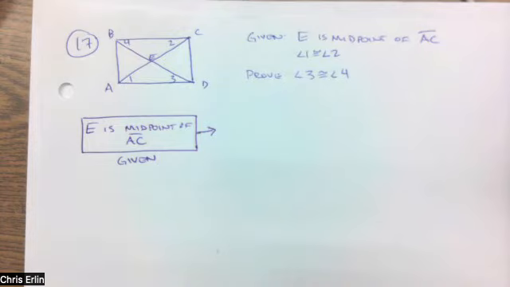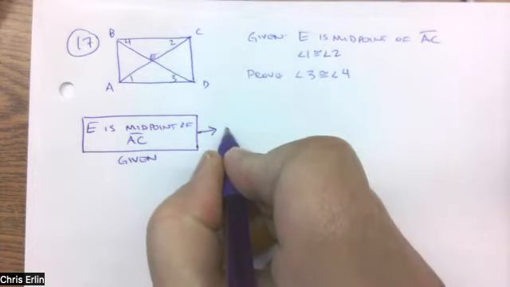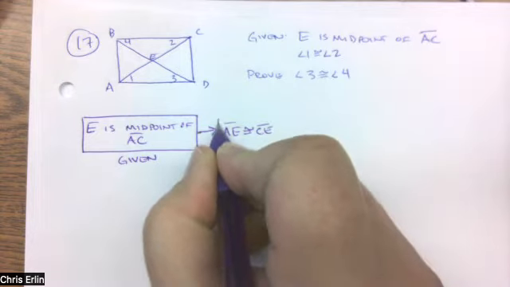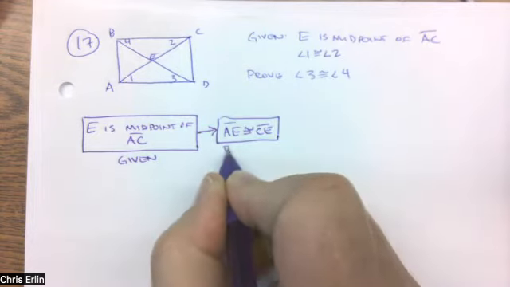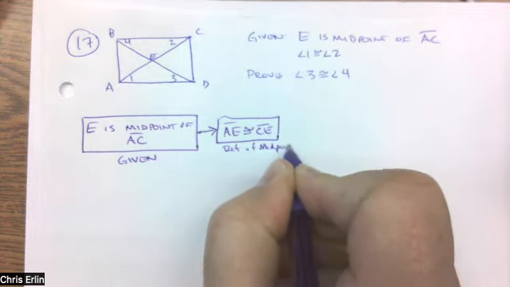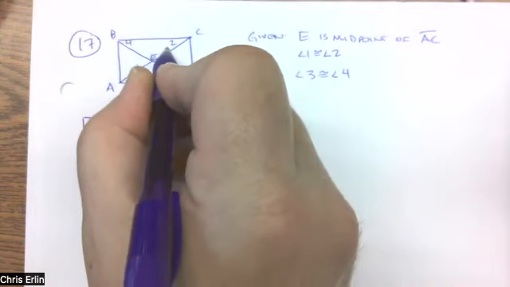Oh, I can, because a midpoint means it splits them in half. So we have to say that. So we'll say AE is congruent to CE because that's the definition of a midpoint. Right? That's information we had, but we didn't see it until we say it.